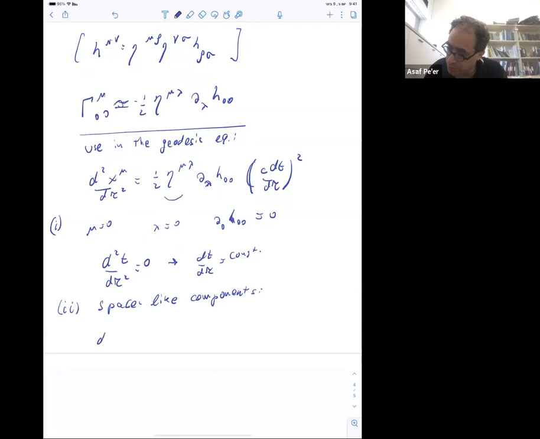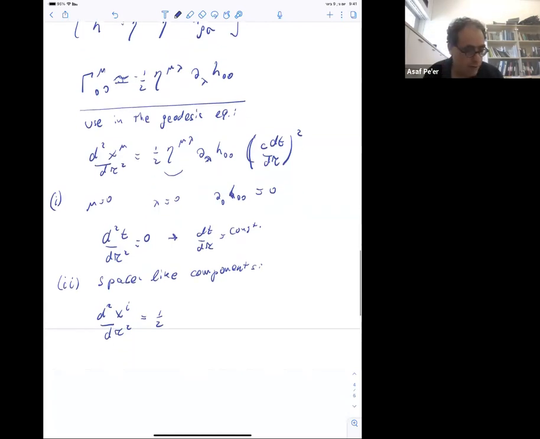We have d squared xi over d tau squared is 1/2 eta mu nu, which is just going to give me the identity, so we just have c dt over d tau squared times di h00.